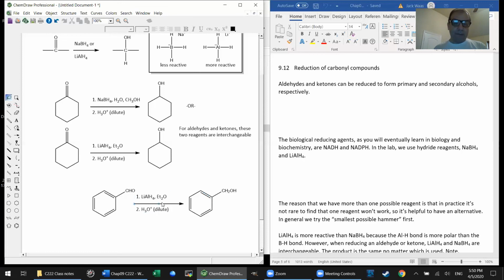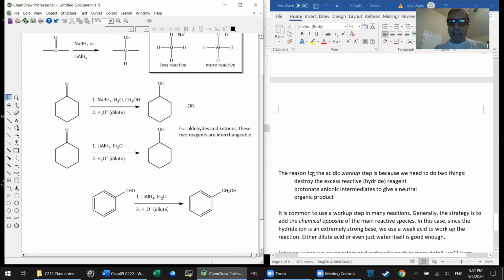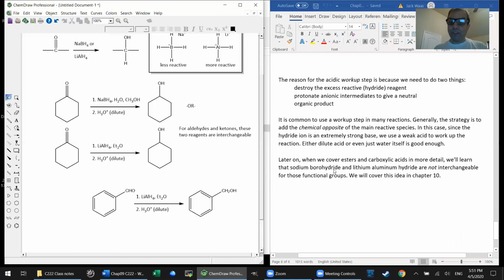And again, if we had instead written step 1, sodium borohydride, water and methanol, followed by dilute acid workup, same exact result. So for aldehydes and ketones, these two reagents are interchangeable. That's not going to be the case for carboxylic acids and esters, which I believe we will get to in chapter 10. So other than that, I think that's pretty much it for chapter 9.